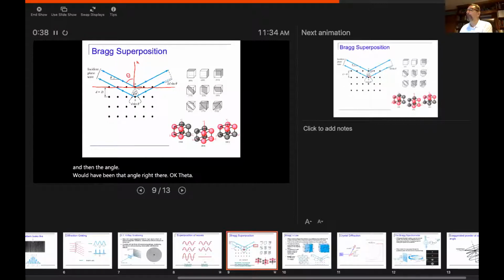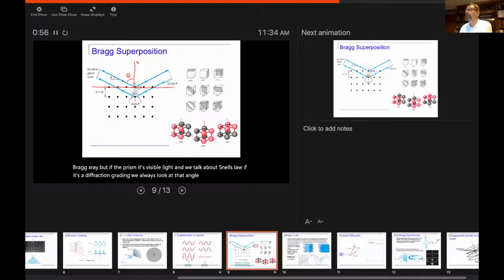In Bragg scattering, we don't look at the angle with respect to the normal to the surface that the incident electromagnetic radiation hits. In the case of a prism, it's visible light and we talk about Snell's law. If it's a diffraction grating, we always look at that angle, okay?